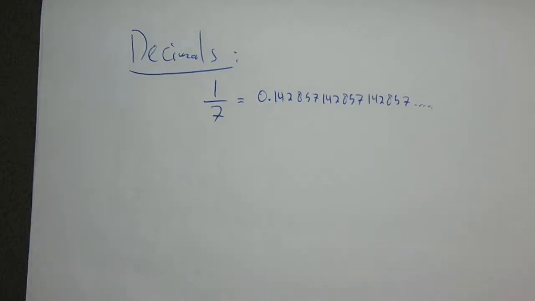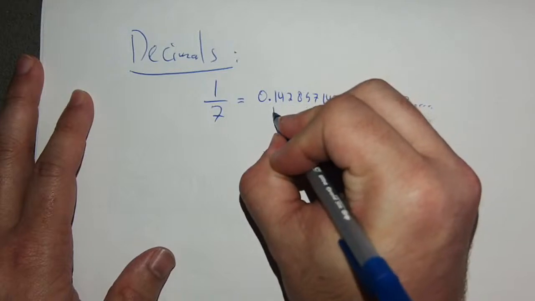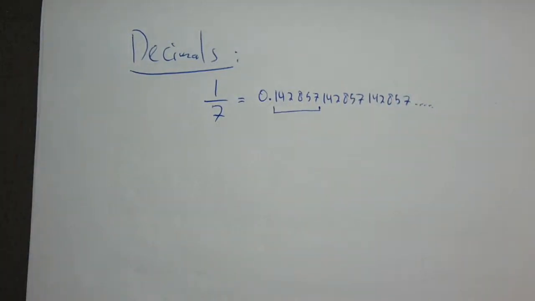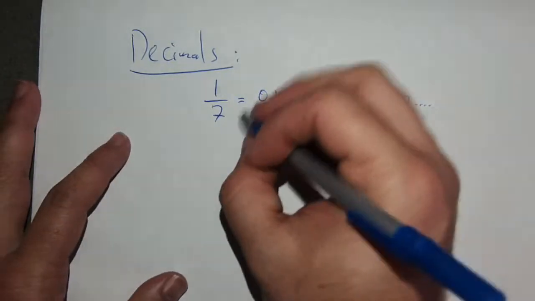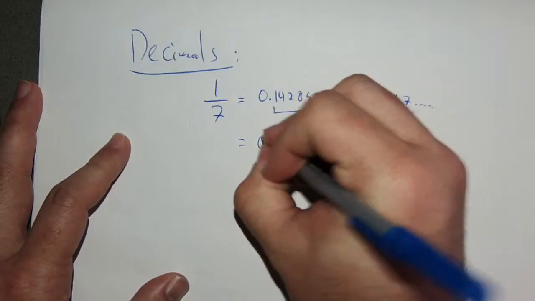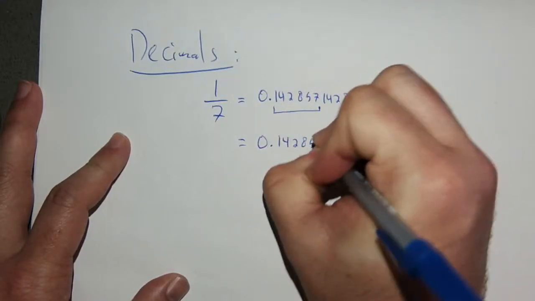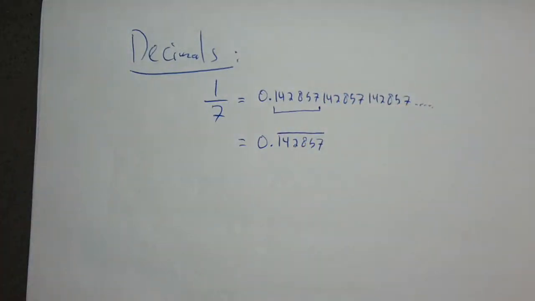So what we say about a decimal like this is the block that repeats. And if I know this block, there's a more convenient way of writing this decimal. It's 142857 with a bar over top of it to signify that it is repeating infinitely after this decimal place.